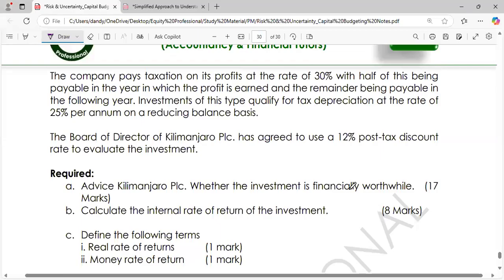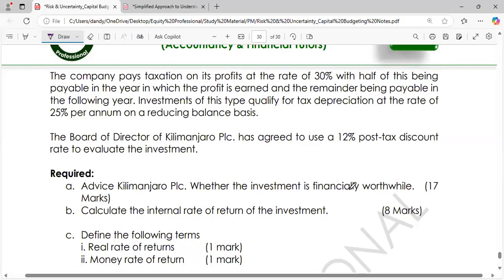Investments of this type qualify for tax depreciation at the rate of 25% per annum on a reducing balance basis. The Board of Directors of Kilimanjaro PLC has agreed to use a 12% post-tax discount rate to evaluate this investment.